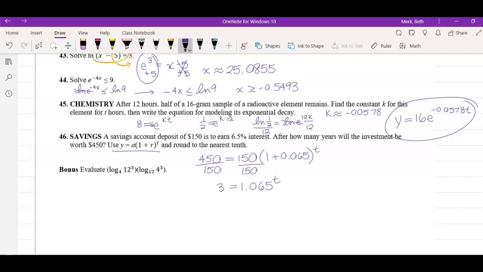And then taking the log of both sides. The t can come down front now. And I'll divide both sides by the log of 1.065. And I find that t is approximately 17.4 years.